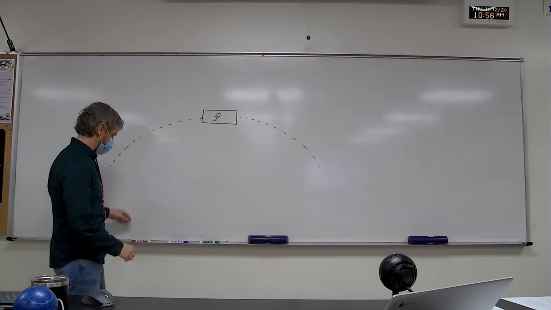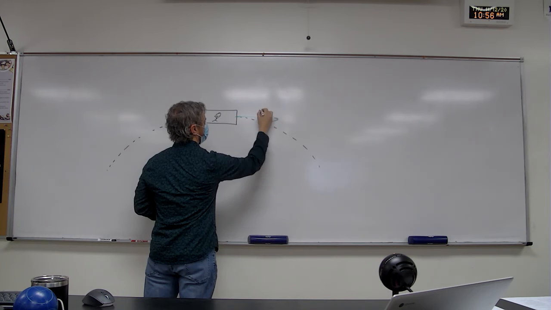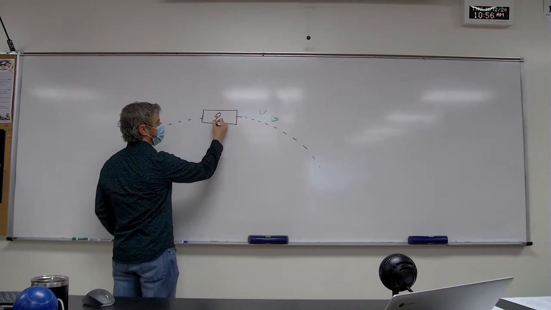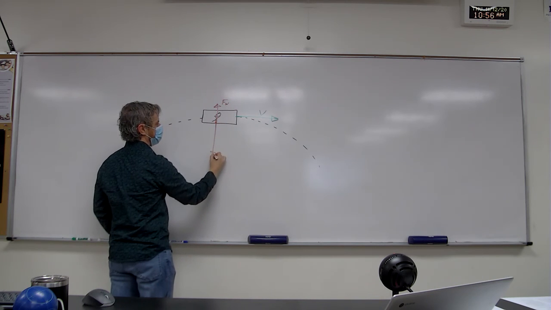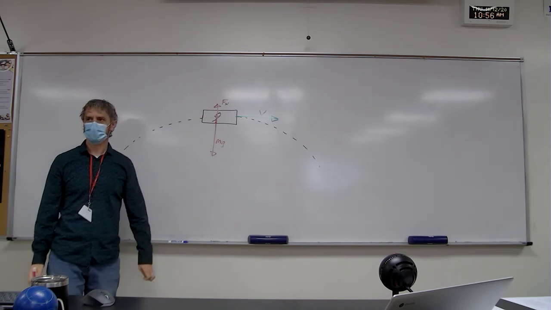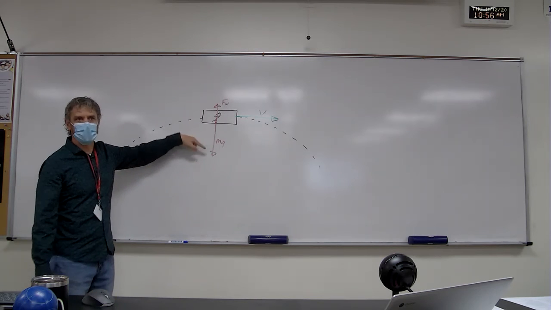It flies in a circular arc at just such a speed that normally you would have a normal force pointing up and a weight force pointing down. If you're flying in a circular arc, mg is going to be larger than the normal force. Why is that? Because mg points down.